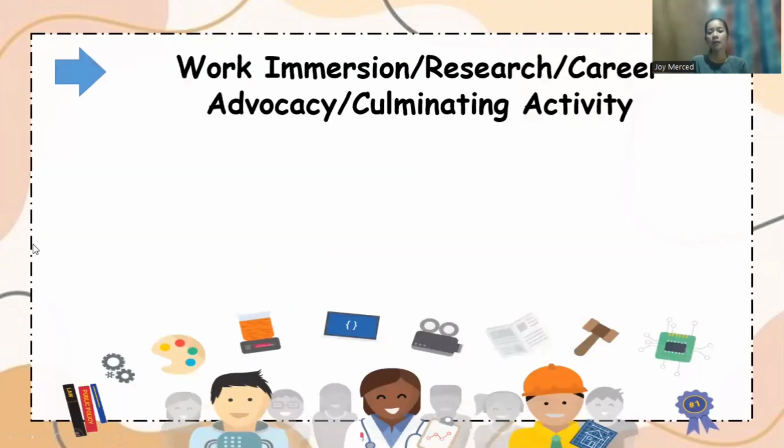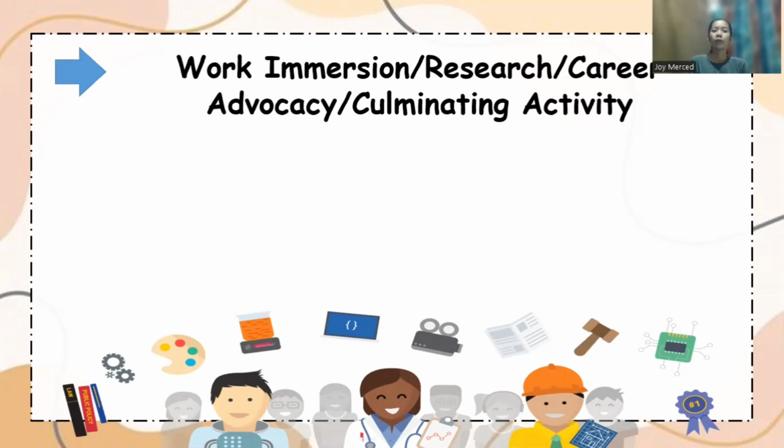Let's talk about another part of the SHS curriculum, which is the work immersion, research, career advocacy, culminating activity. Regardless of their track or strand, each specialization has one 80-hour subject slot wherein learners may take up work immersion, research, career advocacy, or a culminating activity.